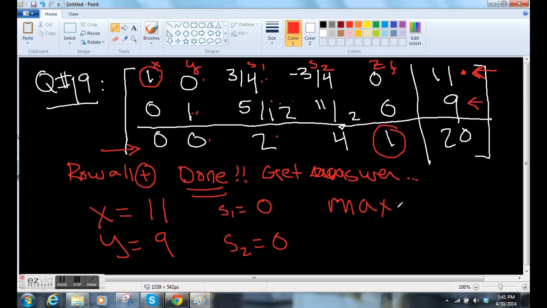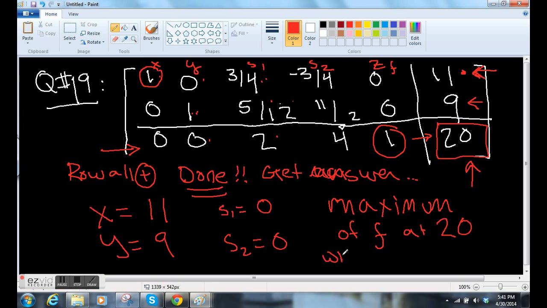So we have a maximum for our function f at the bottom one, 20. So your final answer, when you look at this matrix, you can say our maximum is 20. That's why it's in this big bottom box all by itself. We have a maximum of 20 when x equals 11 and y equals 9.